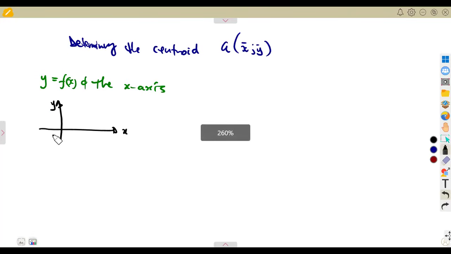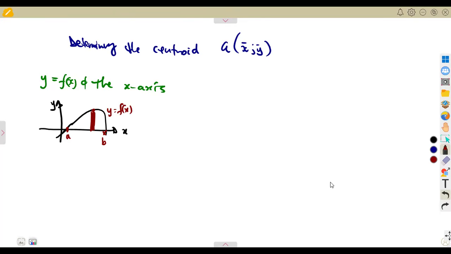Given this function, let's say we've got something of this nature, y is equal to f of x. This is the function you're considering, taken at the limits where this is a and this is b, the limits for x, and this is the strip for x. Y is equal to f of x between this and the x-axis.